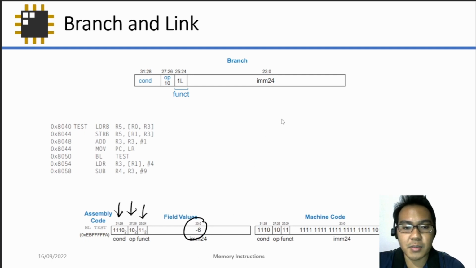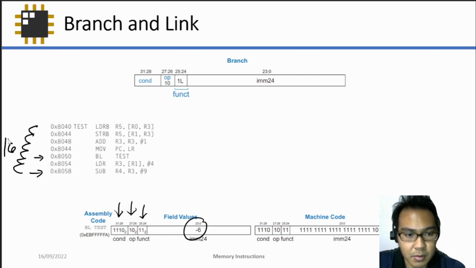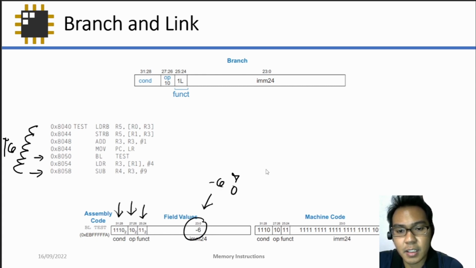M24 is minus 6. Let's see how that came to be. This is PC, PC plus 8 is over here. And let's count: 1, 2, 3, 4, 5, 6. 6, but backward. So 6 upward is negative 6. Yay!